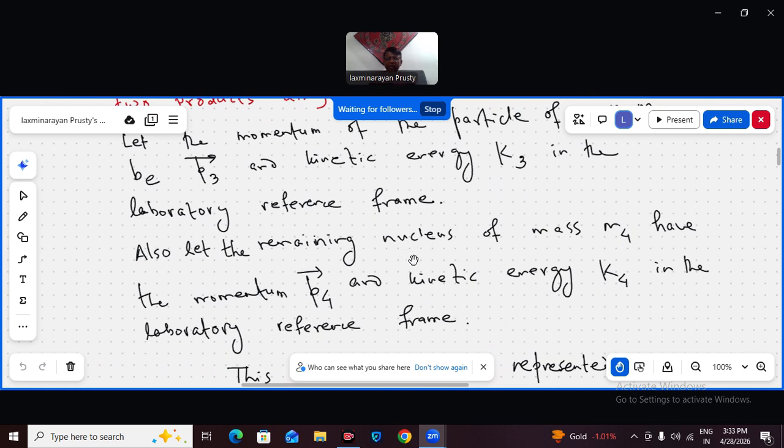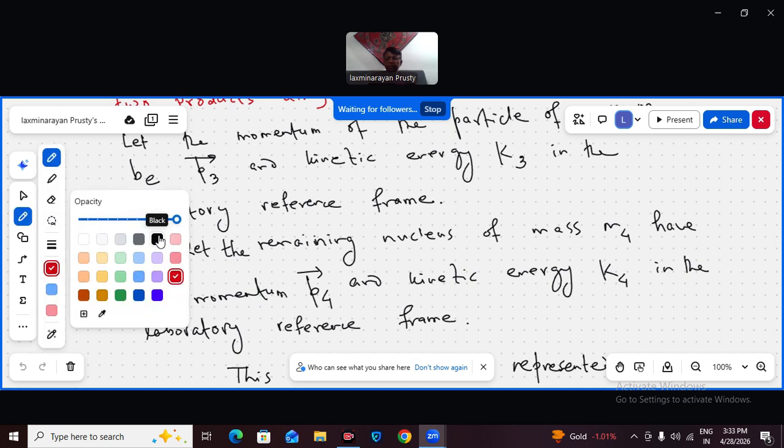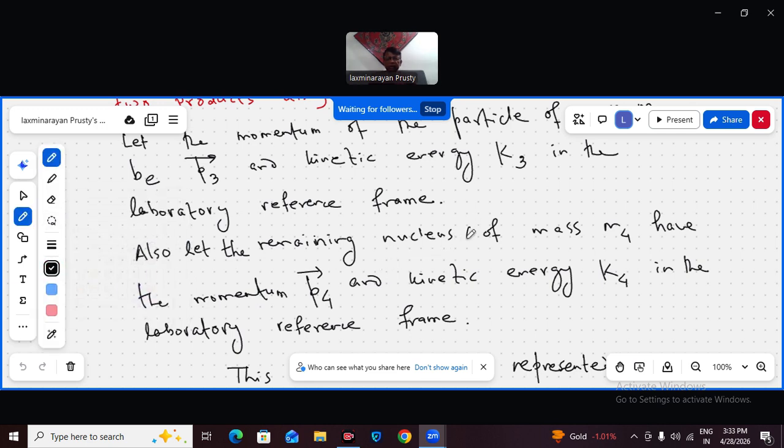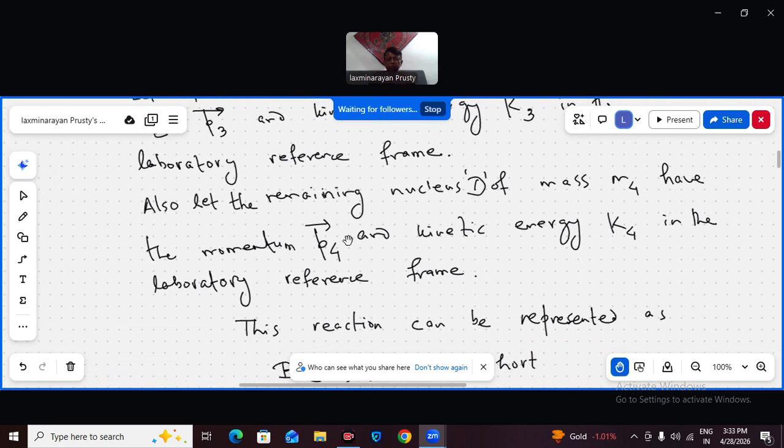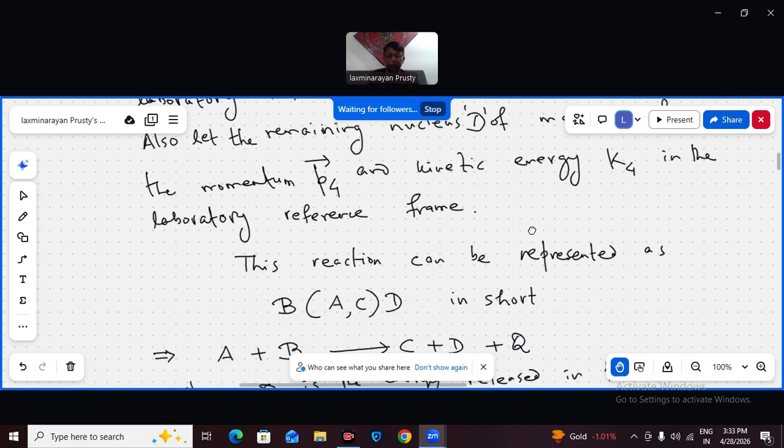Similarly, let the remaining nucleus D of mass M4 have momentum P4 bar and kinetic energy K4 in the lab reference frame, the ground reference frame.